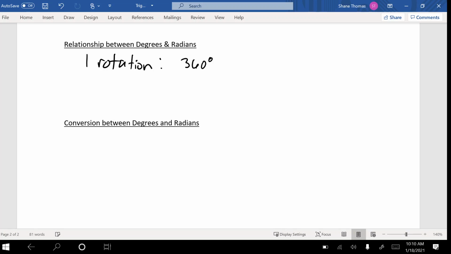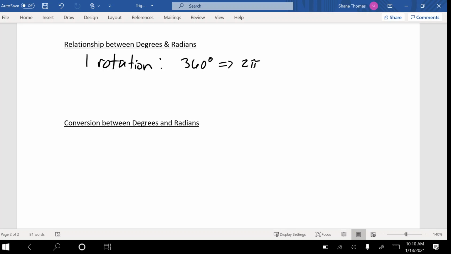It's 360. In terms of radians, one full rotation is going to be 2 pi. So one rotation is going to be 2 pi radians.